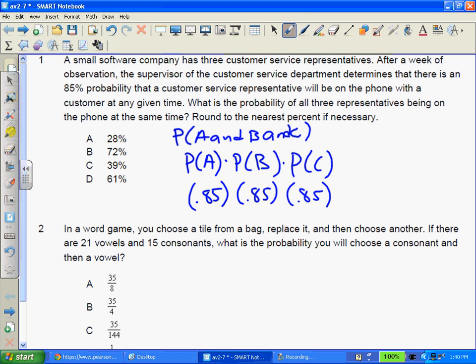When we multiply those together, we get 0.614125, which rounds off to 0.61, and that equals 61%, or B.